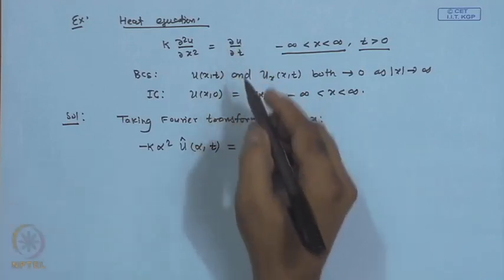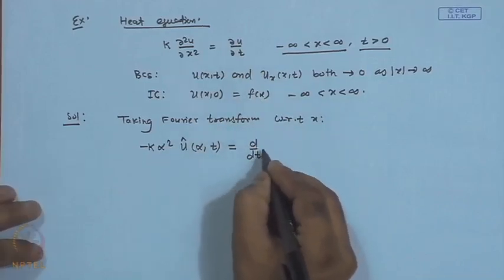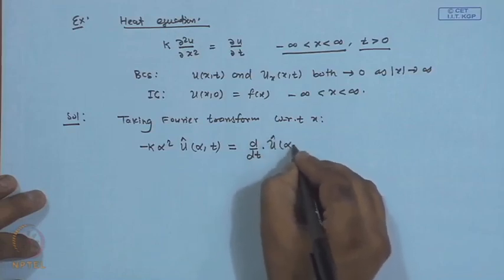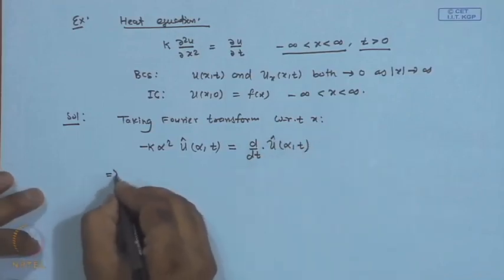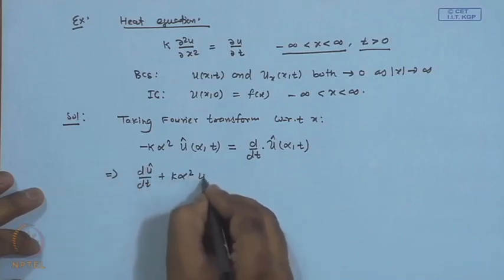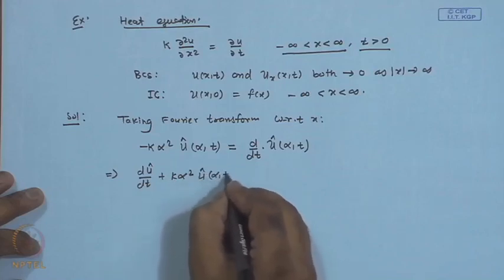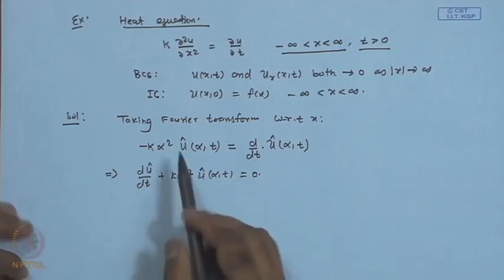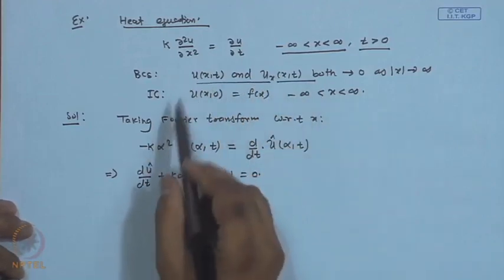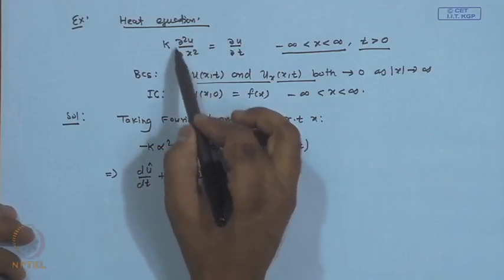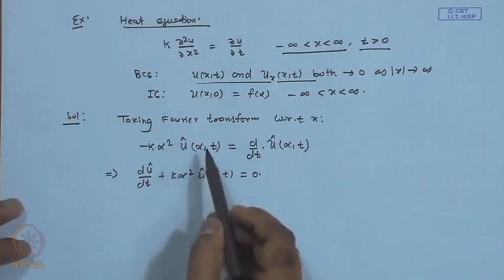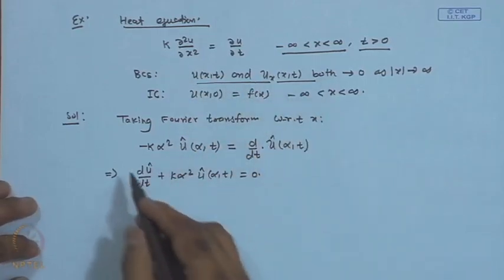On the right hand side, d over dt remains as it is, and the Fourier transform of u will be u hat(alpha, t). So, we get du hat over dt plus k alpha square u hat(alpha, t) is 0. Note that the boundary conditions for this problem we have already used here, because in the Fourier transform of the double derivative, minus alpha square u hat(alpha, t), we have used these two boundary conditions.